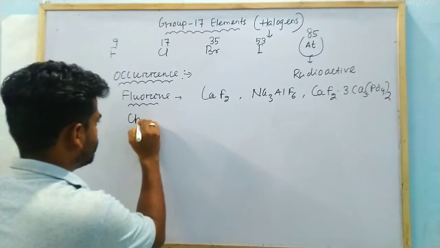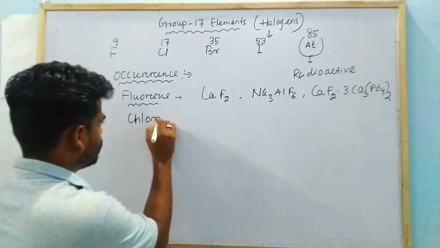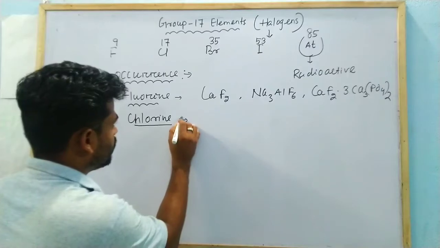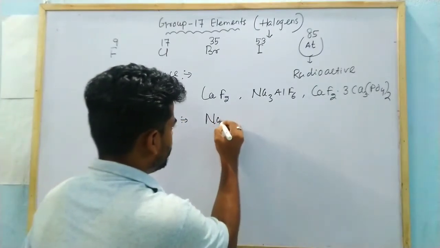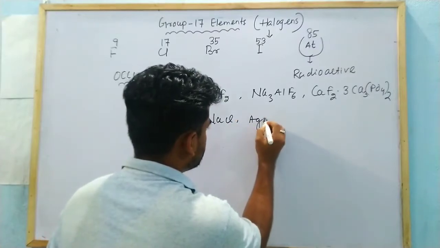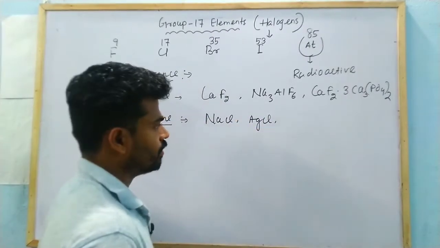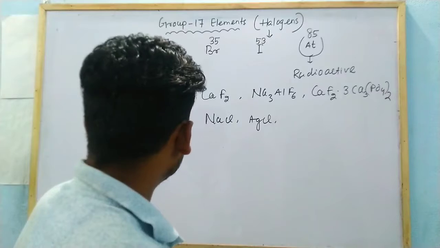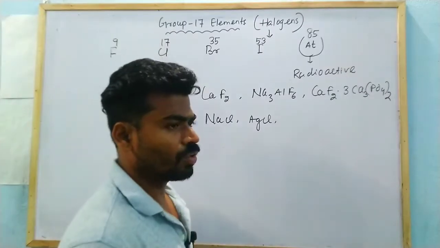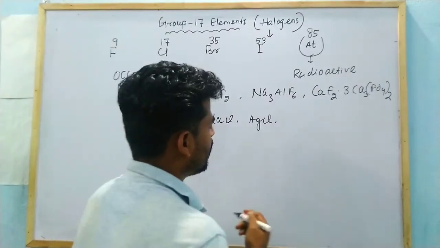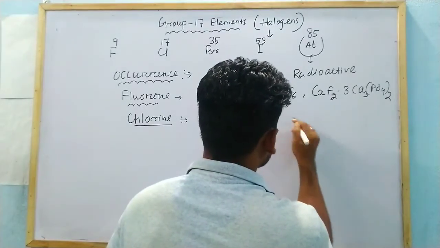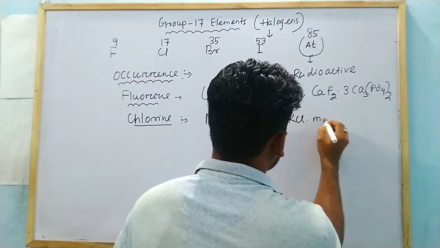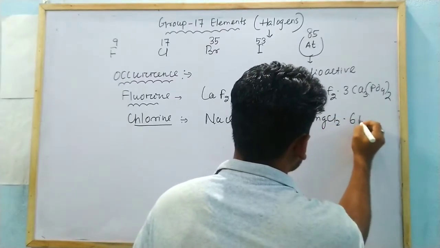Then chlorine: it is found in rock salt NaCl, AgCl. These are various sources of chlorine, and carnallite also, whose formula is KCl.MgCl2.6H2O.